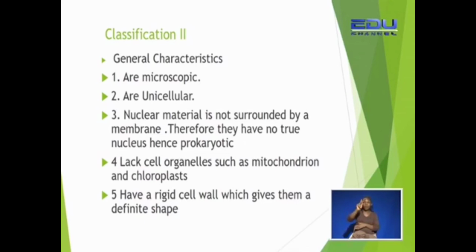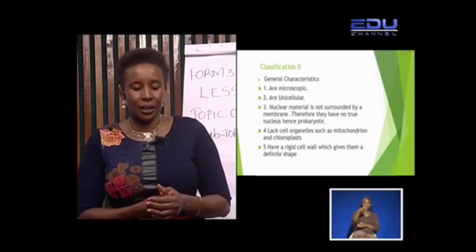Number 4, they lack cell organelles such as mitochondria and chloroplasts. Chloroplasts are organelles that are commonly found in organisms that are able to carry out photosynthesis.